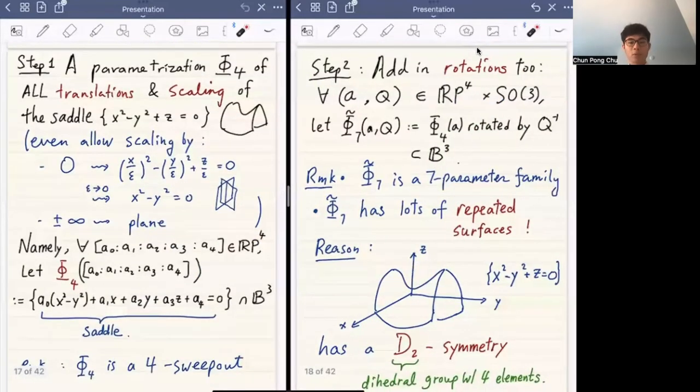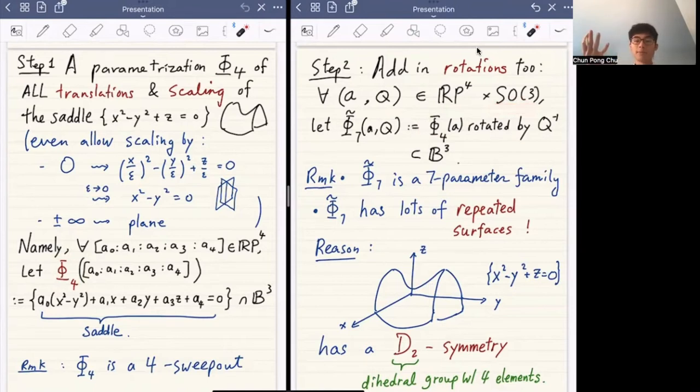After that, we add in rotations also. Rotation is given by the special orthogonal group SO3. We take any element A in RP4, which corresponds to a surface in B3 via phi 4, and then we rotate that surface by Q inverse, where Q is any arbitrary element in SO3.